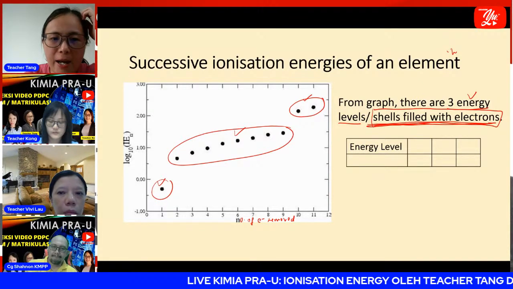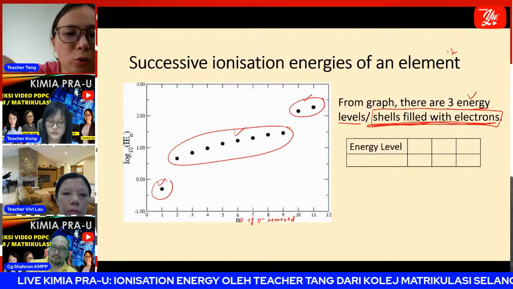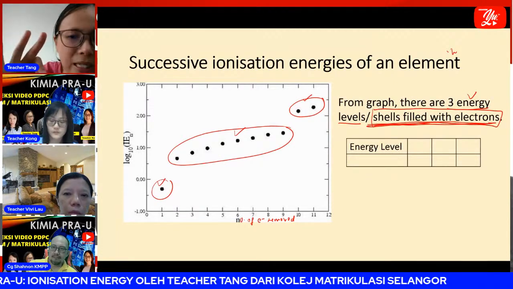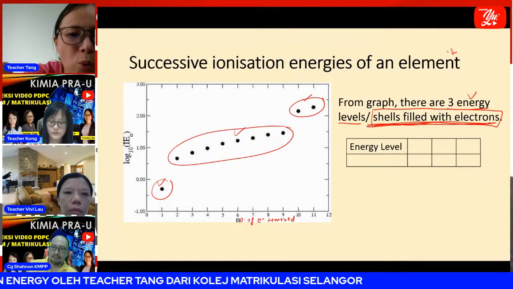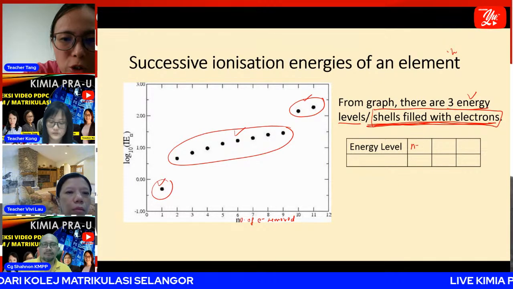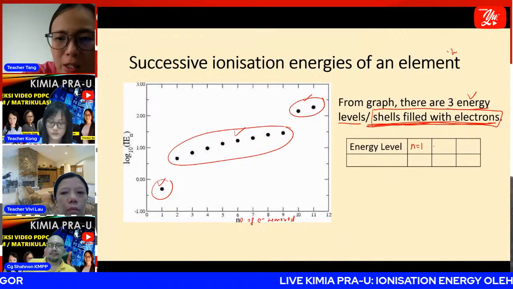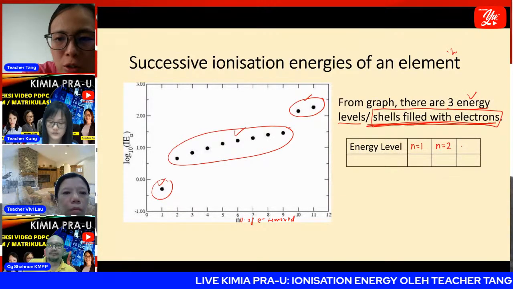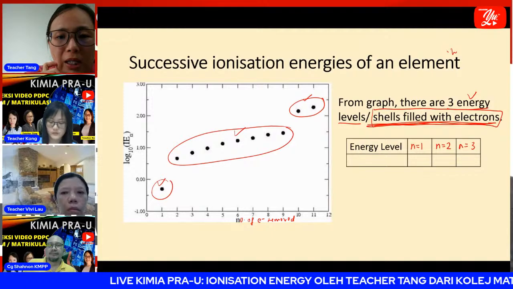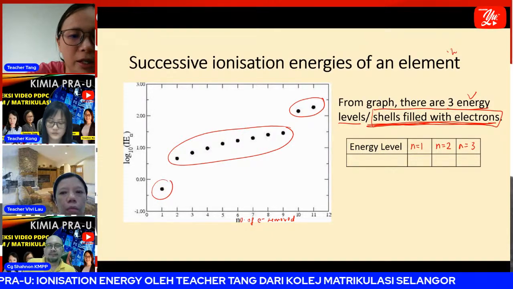Okay, and then from this graph, we know that there are 3 energy levels. So which one is n equals 1, which one is n equals 2, which one is n equals 3?